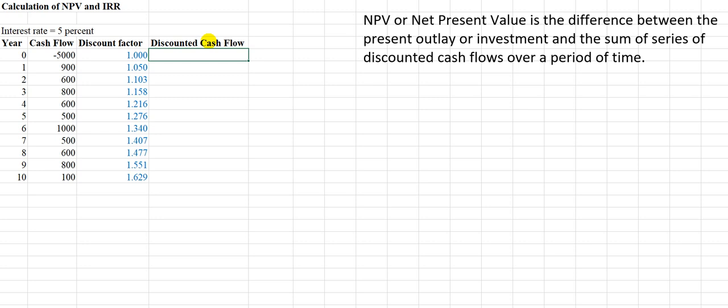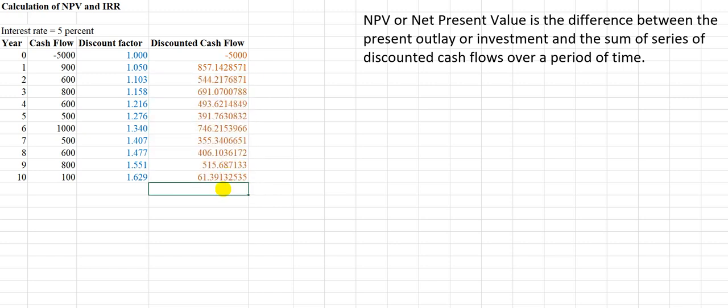And discounted cash flow means we are discounting the cash flow to year 0. It means that we will divide the cash flow by the discount factor. Similarly, we will divide each cash flow by the respective discount factor. I am simply dividing 900 by 1.05. So these two results are equal, and I will drag this down.